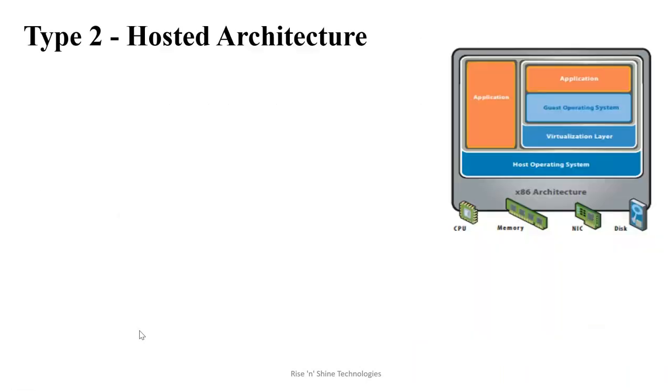But type 2 is a hosted architecture. What is this hosted architecture? Suppose we have a laptop with a Windows operating system, 8 GB RAM and a 500 GB hard disk, but I need two Linux virtual machines with a capacity of 2 GB each.